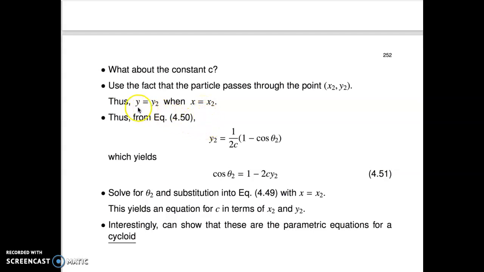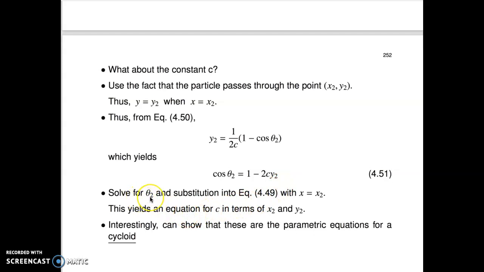So substitute in y equals y2 in equation 49, and that will correspond to some value of theta, which we'll call theta 2. Solving this equation, this tells us that cos theta 2 is 1 minus 2 times c times y2.